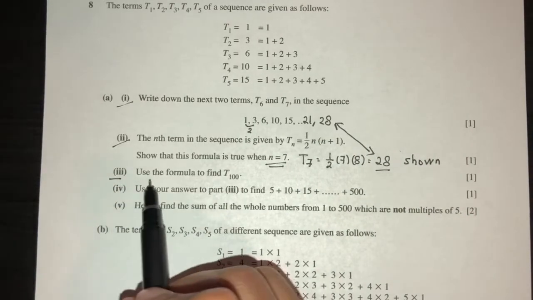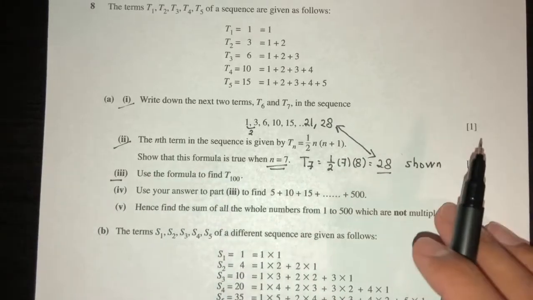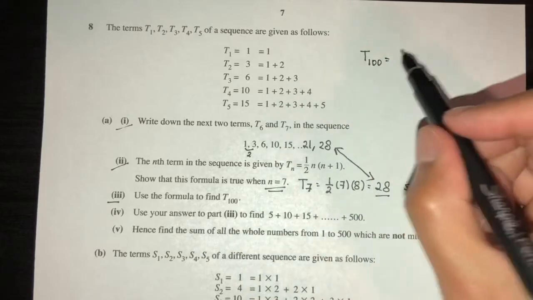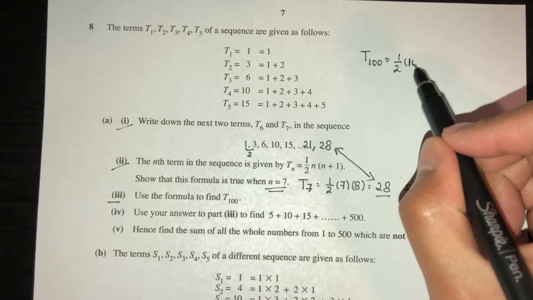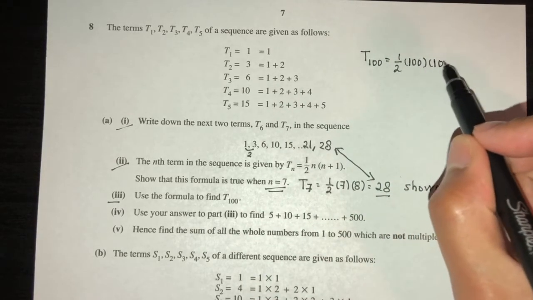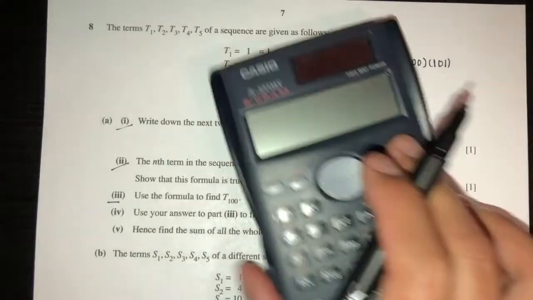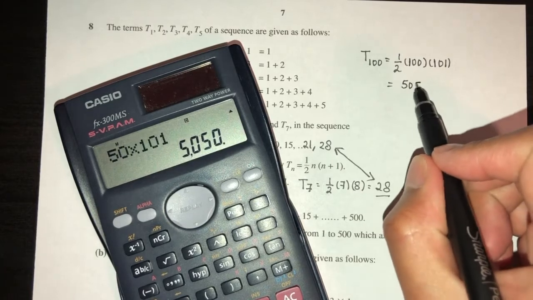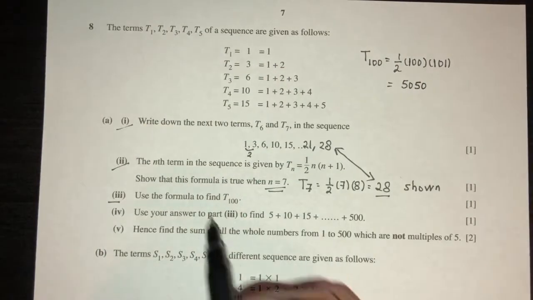Now for this one, use your formula to find T100. That will be half of 100 times 101. That will be 50 times 101, that will be 5050. That will be your value for this one.